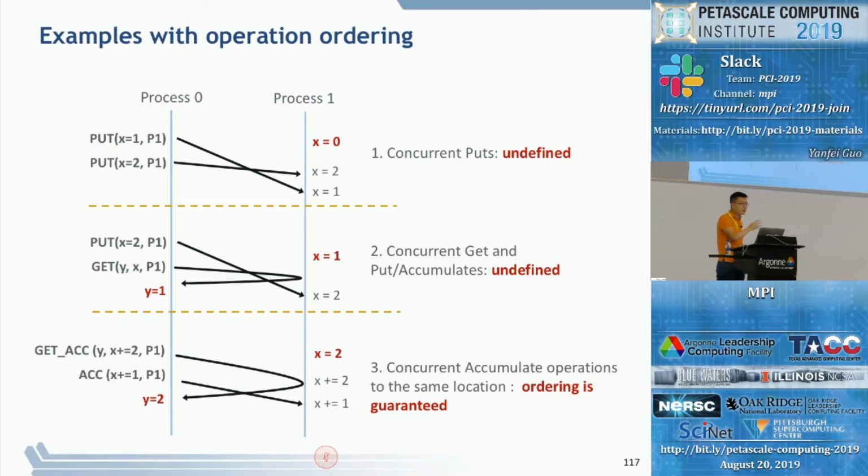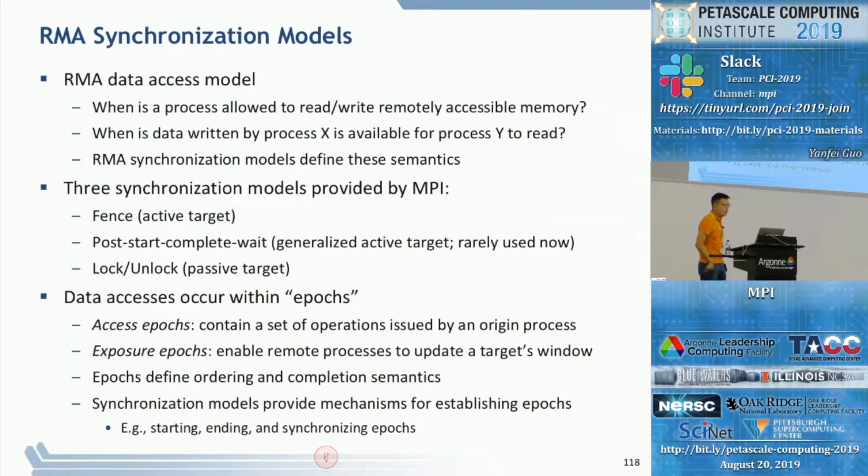Okay, so that's window creation and data movement. Do we have any questions about that? Okay, the last thing I want to talk about is RMA synchronization. First of all, the RMA data movement operations are non-blocking. There's no blocking put or blocking get.